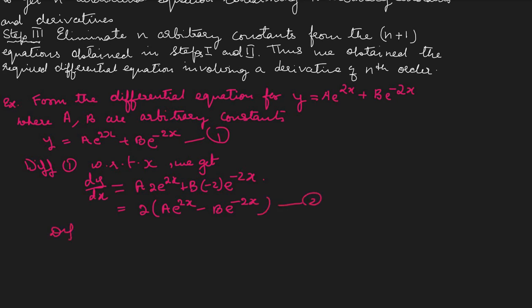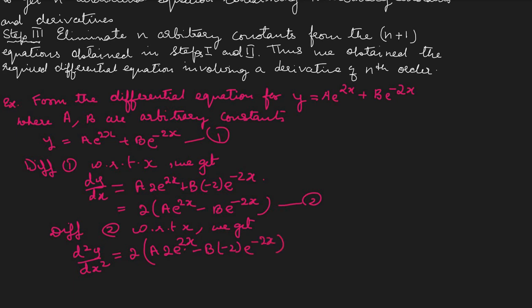Now differentiating 2 again with respect to x, what do we get here? d2y/dx2 will be equal to 2, since if you differentiate this 2 with respect to x it will give you 0, so we are going to differentiate only this term. This will give you a into 2e to the power 2x, and then minus b into minus 2e to the power minus 2x.